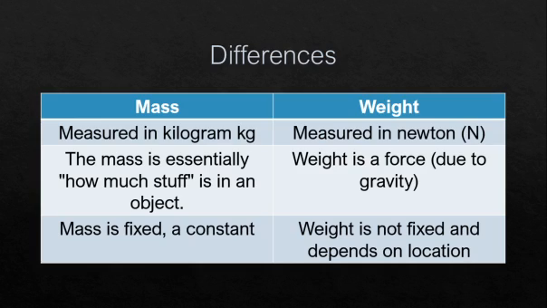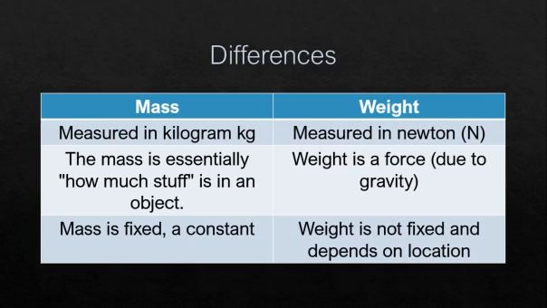This is an important slide, so you need to know 3 differences between mass and weight. So an easy one is mass is measured in kilograms, whereas weight is measured in newtons. Then you have your definitions. The mass is essentially how much stuff is in an object, so how much matter is in there, while weight is a force, and weight is a force that's due to gravity. And a third difference then is mass is fixed, it's a constant, while weight is not fixed and depends on location.